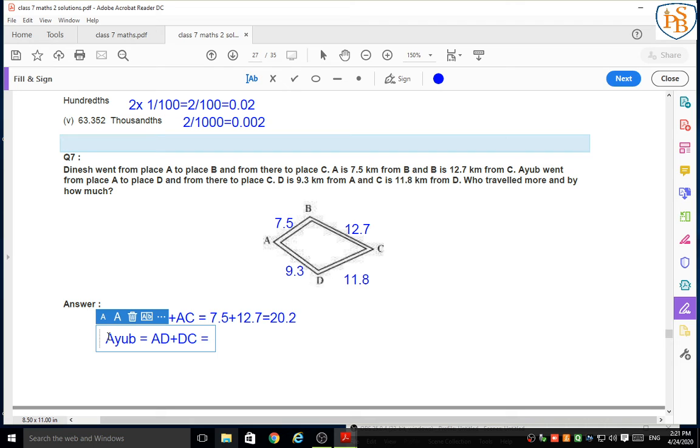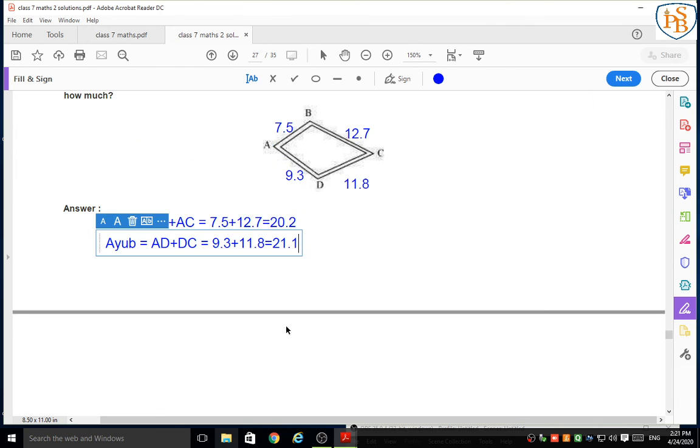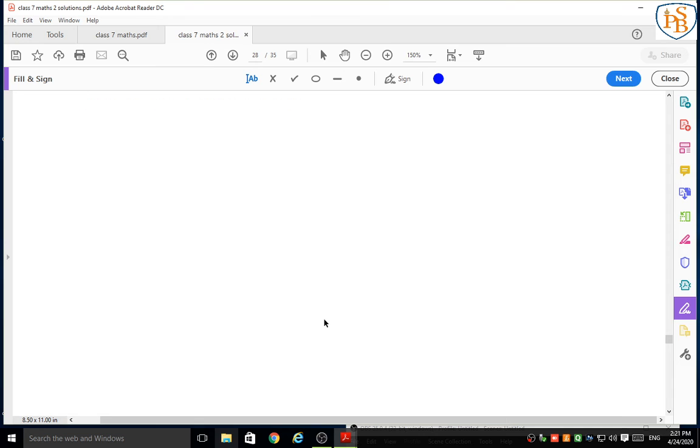That is 9.3 plus 11.8. What will be the answer? 3 and 8 becomes 11. So we will carry 1. Then 11 plus 9 is 20 and plus 1 is 21. So 21.1.